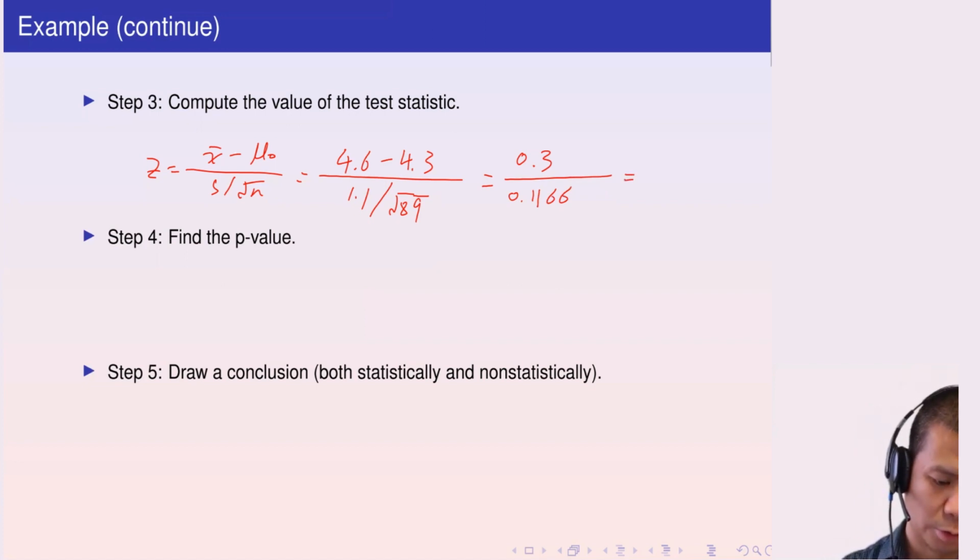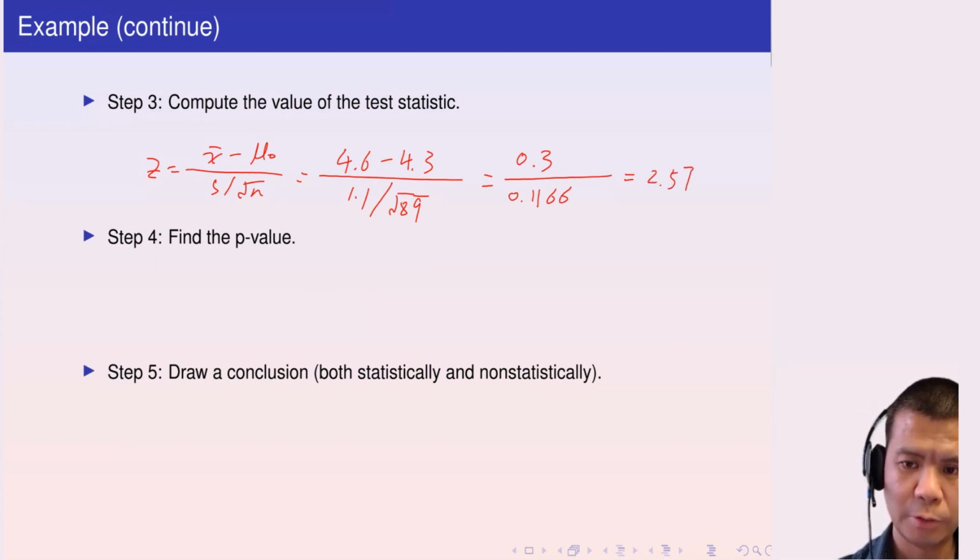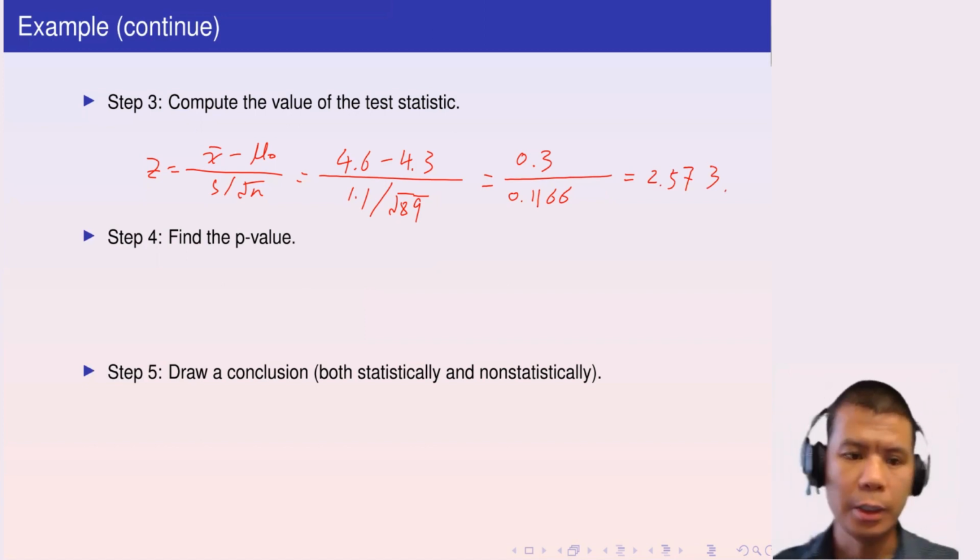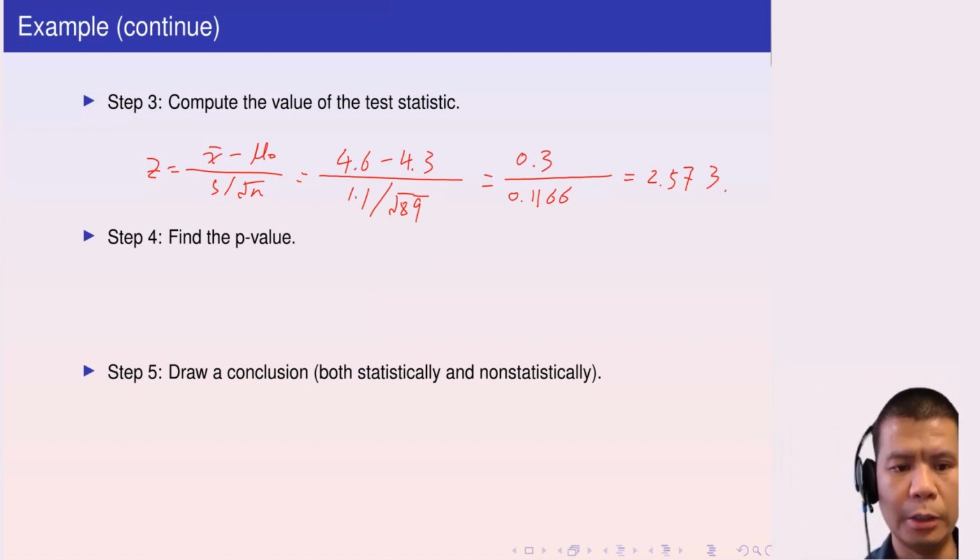Then 0.3 over 0.1166 gives 2.573. All right, so now let me go ahead and find the p-value.